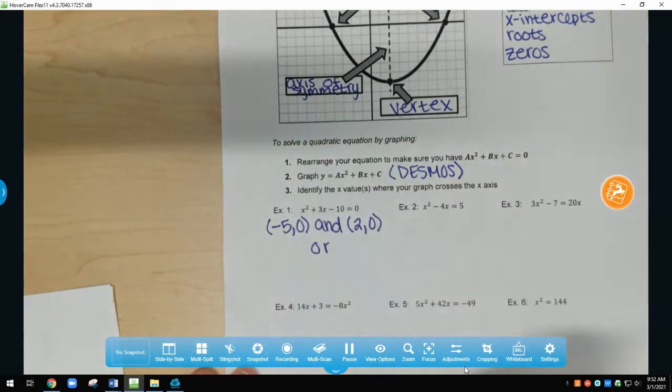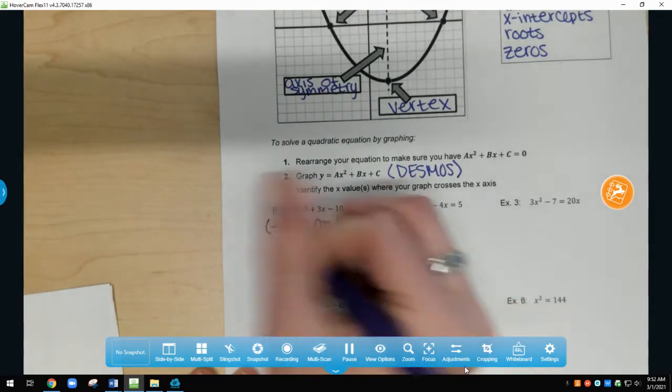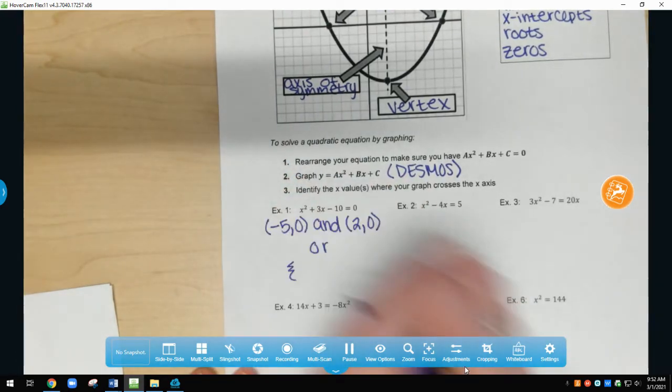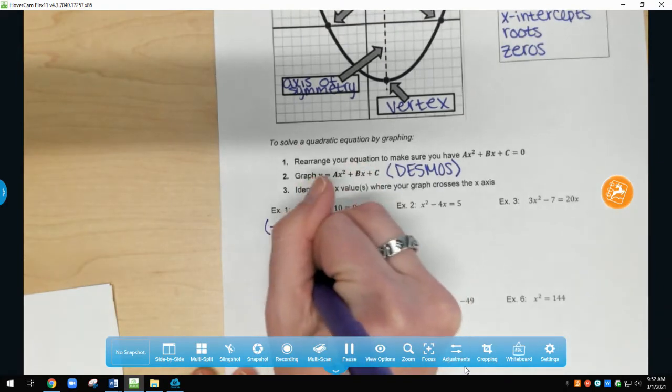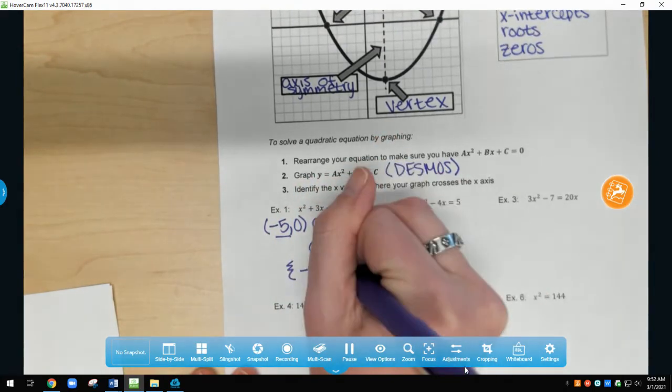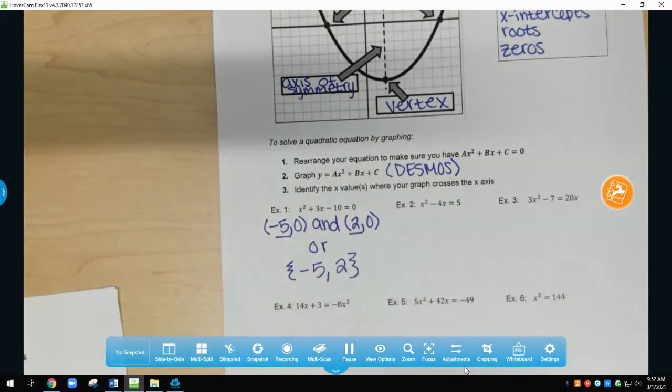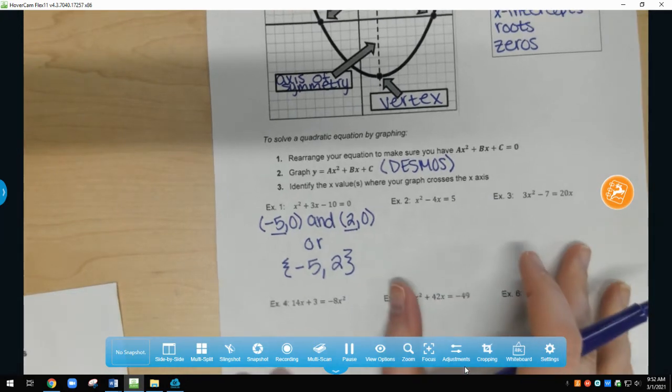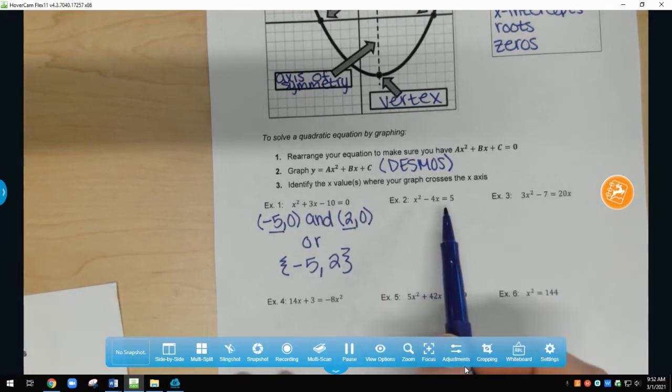Or sometimes you'll see it as a set. When we do that, we use the squiggly brackets, and I just need the x values, so negative 5, 2. Make sure you use the squiggly brackets because it's not an ordered pair, so you don't want to use the parentheses.